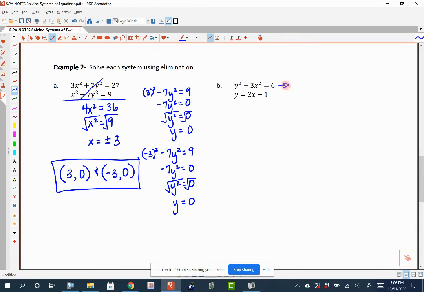I'm going to think about changing the top one. I'm going to isolate the y squared. So let's add 3x squared over to the 6. And if I'm going to be eliminating, I need to have the same variables. And right now I've got a y squared and I have a y. I can't eliminate them if they're not the same variable. So I can square a y and get a y squared.